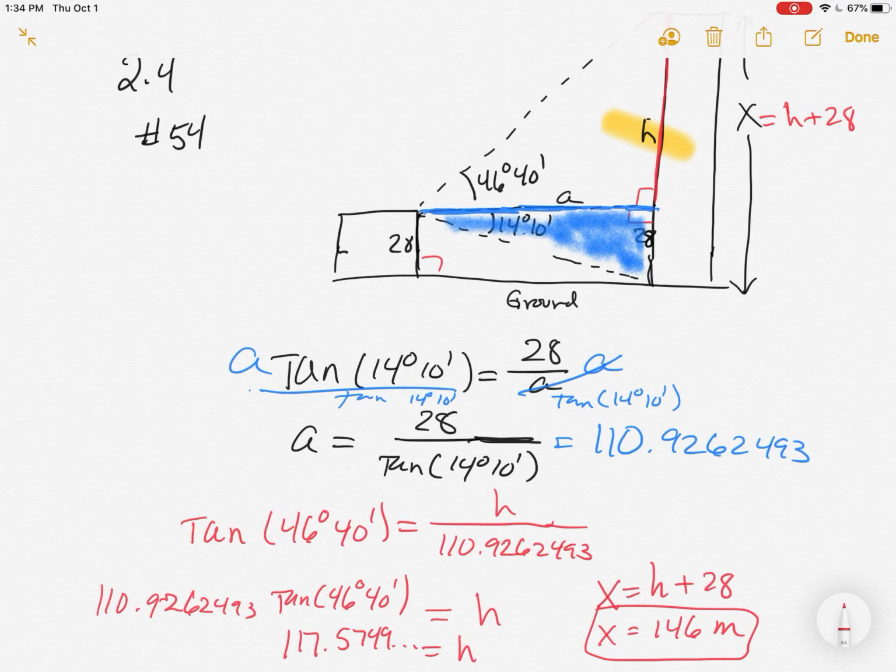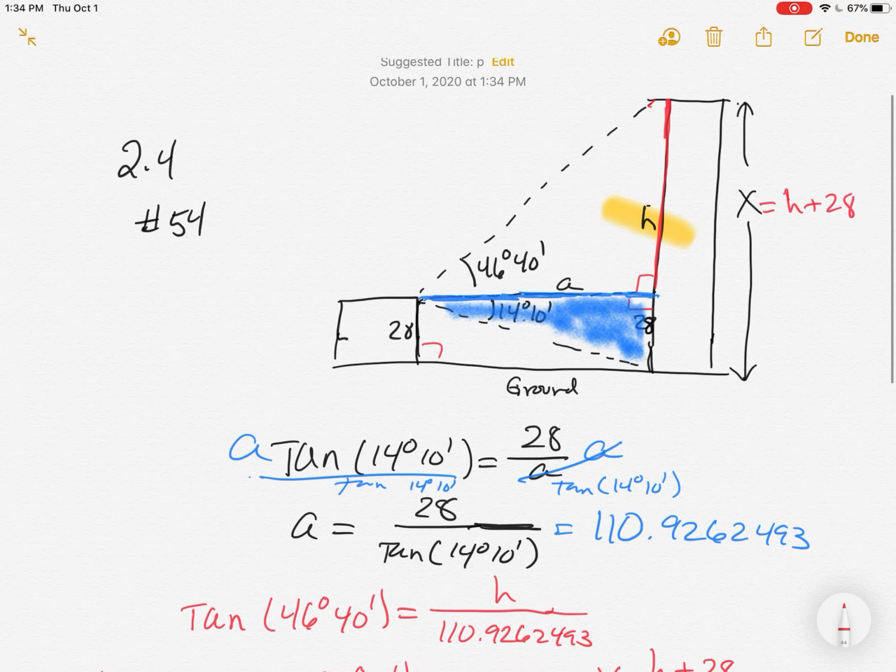And so you just take advantage of what you know, trying to get to what you want to find. Remember what I did first. Identified what I needed to find and what I already knew. I needed to find this h. How am I going to get to that h? Well, I need another side. I don't have a side, but I do have a side to the bottom triangle. And so we use the bottom one to solve for the common side and then get the other one. Very common approach to use through all of this. So hopefully that was helpful.